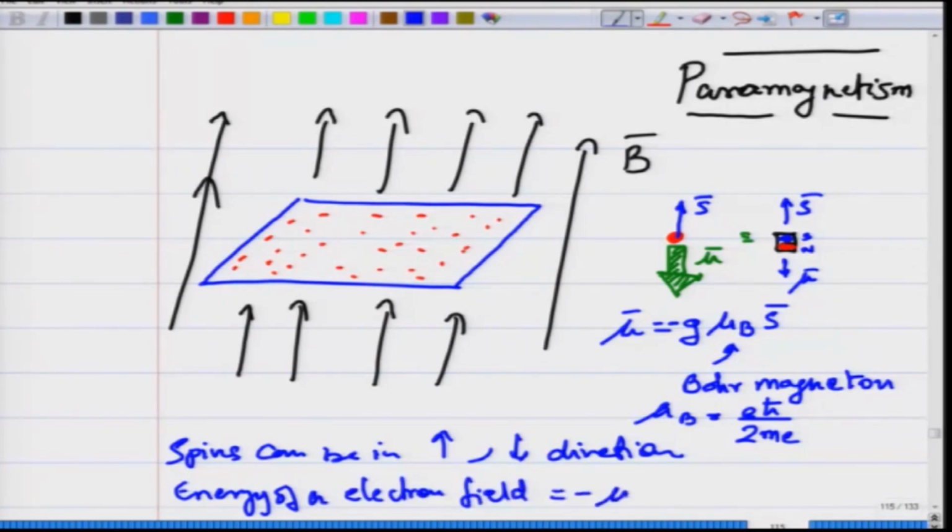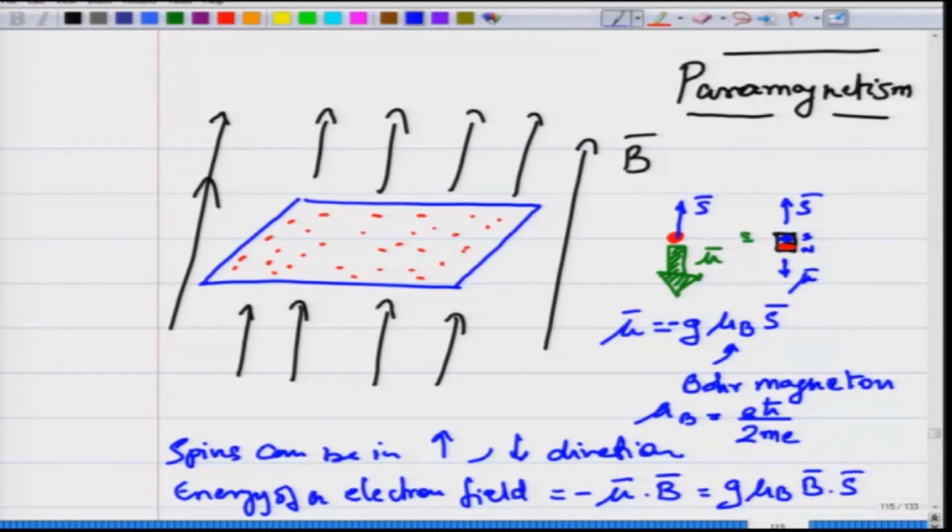That is equal to minus mu dot B. If B is the magnetic field, then the energy of placing this magnetic moment in the magnetic field is minus mu dot B, which is nothing else but, substituting, g mu B B dot S, the dot product of the magnetic field with the spin.